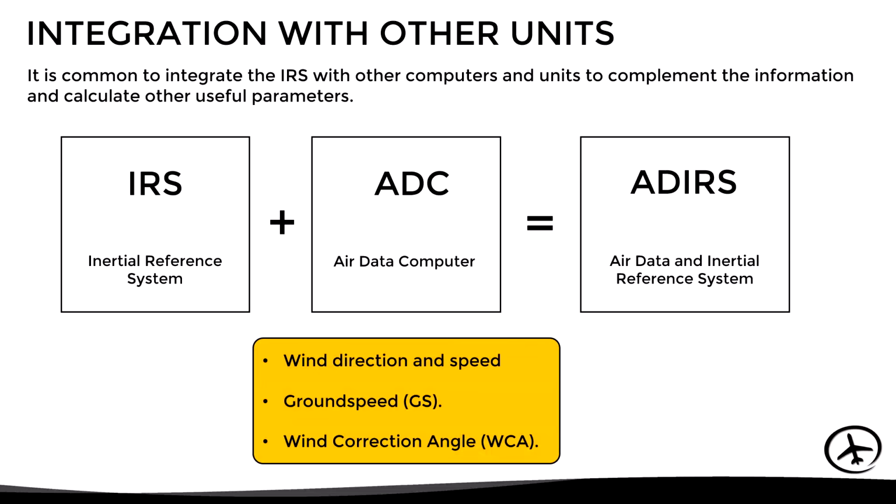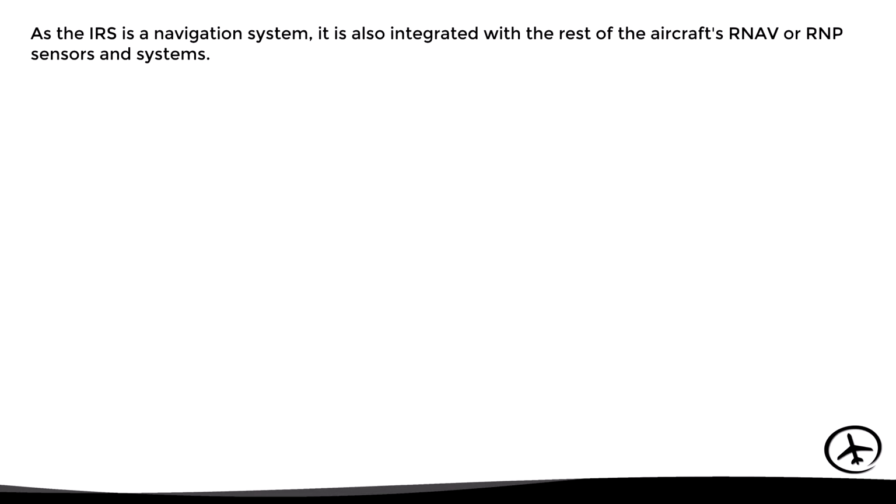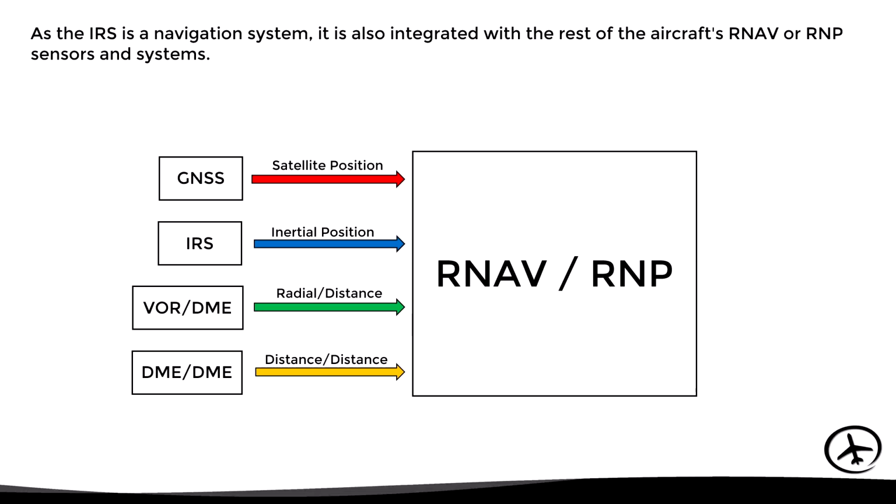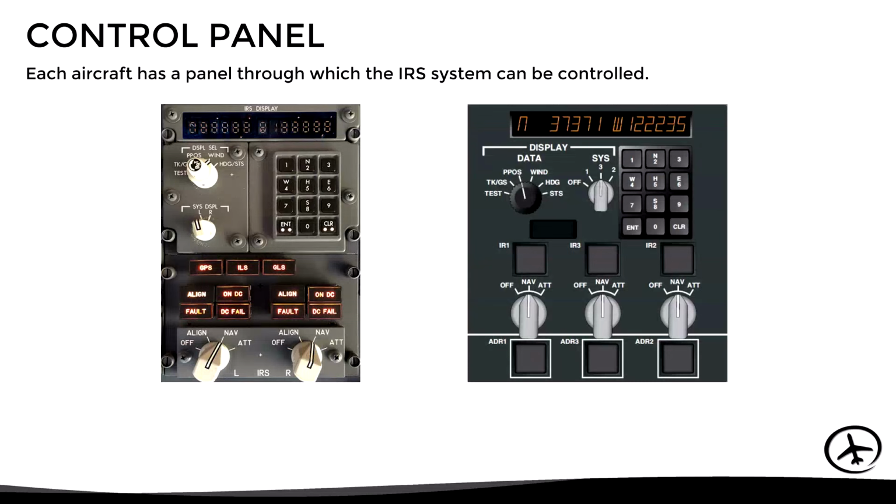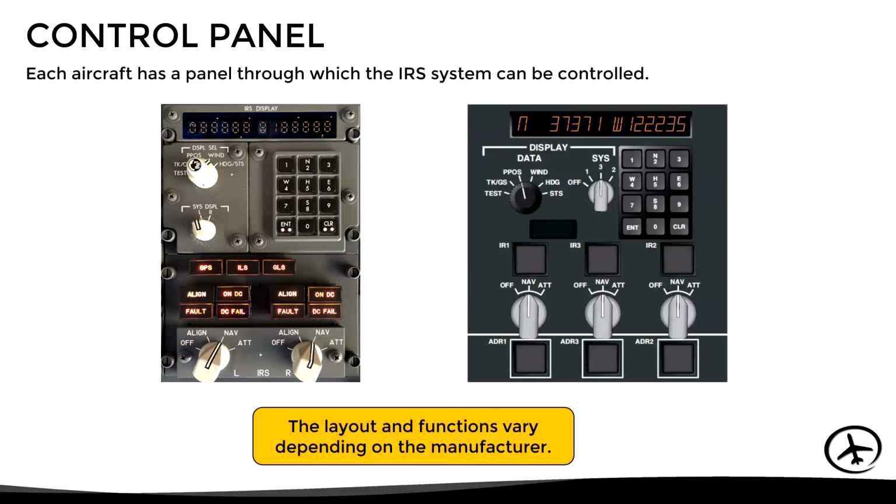Now, as the IRS is also a navigation system, it is also integrated with the rest of the aircraft's RNAV or RNP sensors and systems. Finally, each aircraft has a panel through which the IRS system can be controlled. However, the layout and functions vary depending on the design and manufacturer.